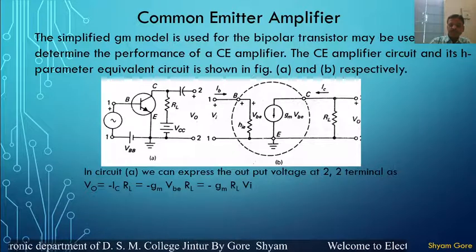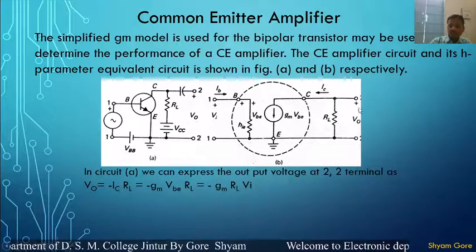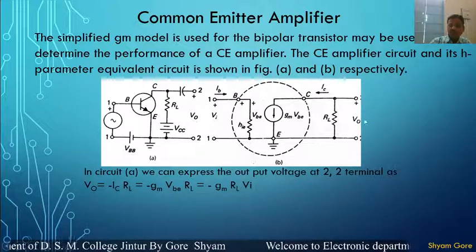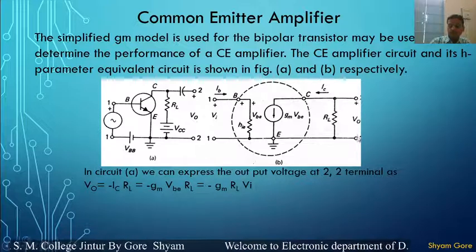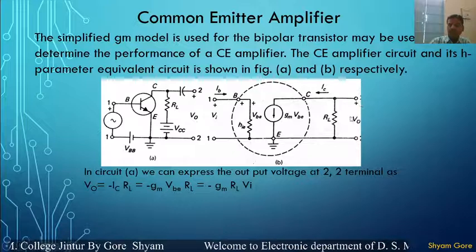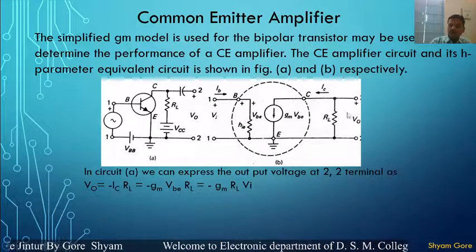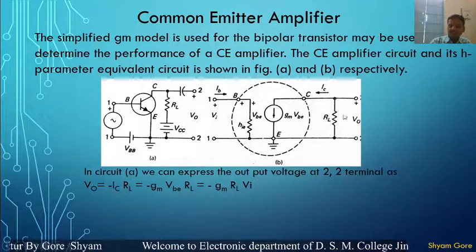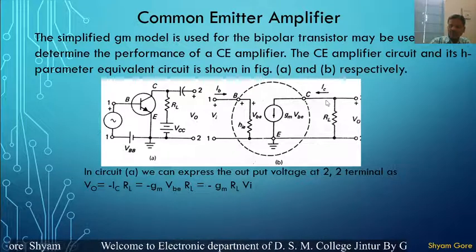In this circuit, the output voltage of the common emitter amplifier, VO, is between terminal 2, and the output voltage is equal to the voltage across the load resistance. The current flowing through the load resistance is IC.